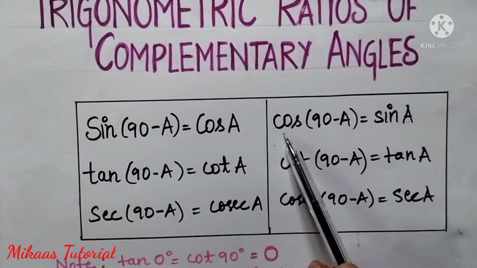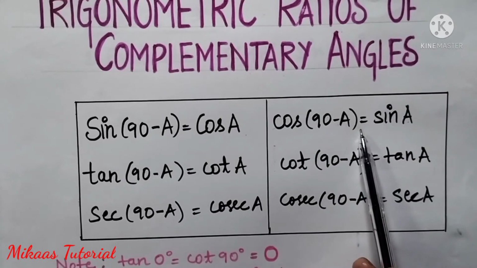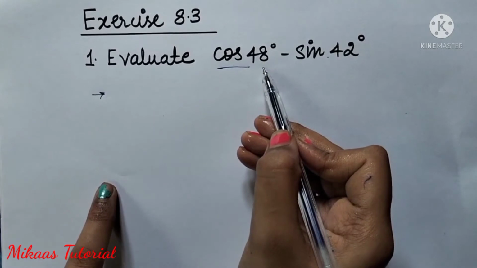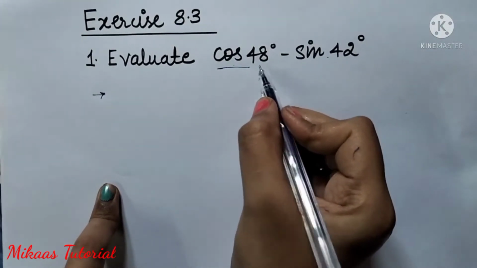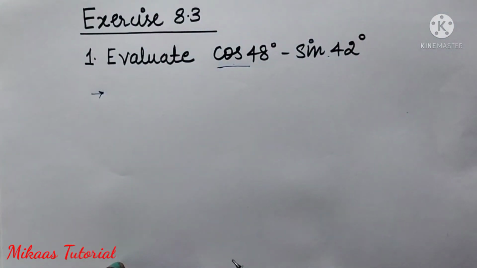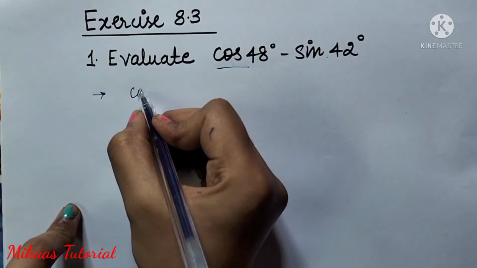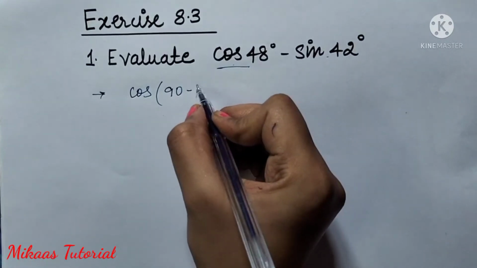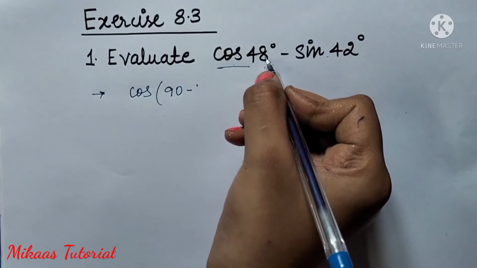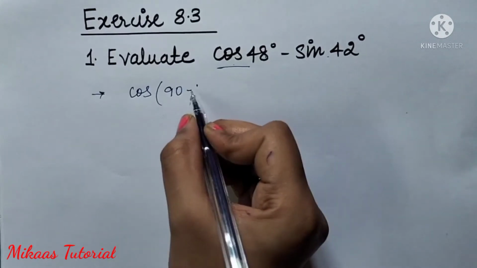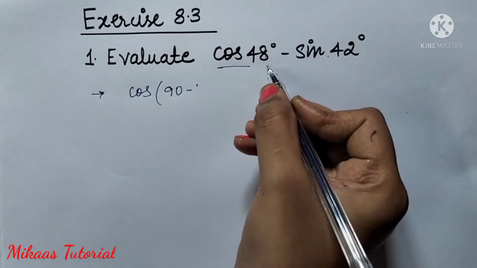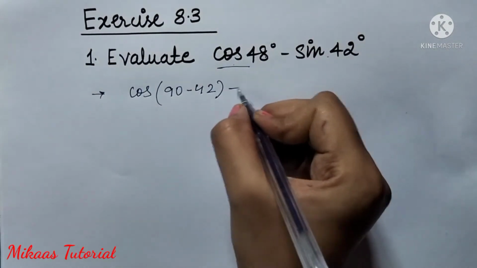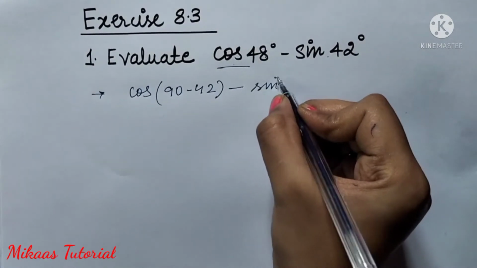For that, we will use cos of 90 minus A. Now, you convert this 48 in terms of a sum. Cos of 90 minus 42, because what we subtract from 90 to get 48 is 42. Now write the rest, sin 42.